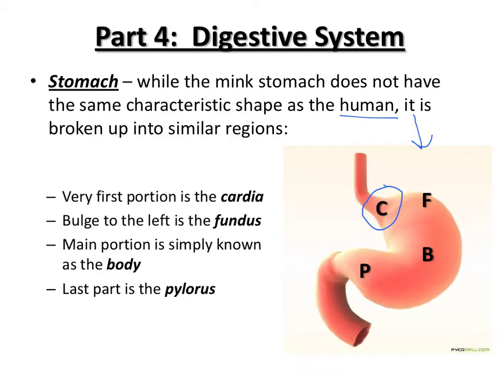This is the cardiac stomach where food enters. Then you've got a bulge off to the left, and that's called the fundus, or the fundic region of the stomach. Then the majority of your stomach is known as the body, and that's basically like a big bag. And then the very last portion is called your pyloric stomach, or your pylorus.